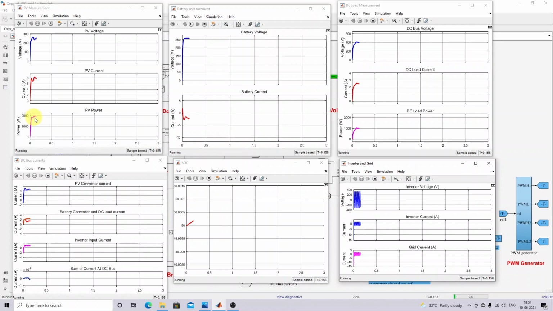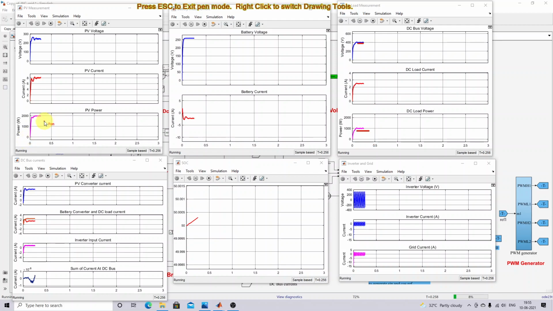Now you can see that initially the irradiation is set at 1000 watts per meter square. So the maximum power extracted is around 2000 watts here, right? During that time, the PV is going to supply this DC load. So you can see the DC bus voltage maintained at 400 volt, and the PV is supplying the power to the DC load. The DC load power is around 1000 watts.